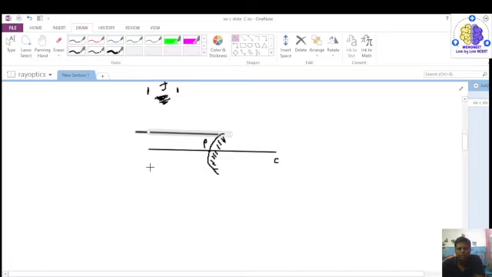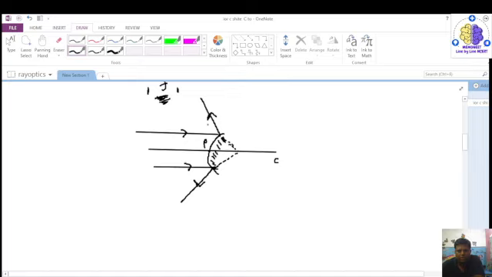Now, when light rays which are parallel to the principal axis get incident, there are two light rays which are parallel to the principal axis and getting incident on this. What will happen? They will reflect in such a manner that it appears as if they are coming from the same point. This light ray will reflect in this direction, and if this is incident like this, the light ray will reflect in this direction, right?